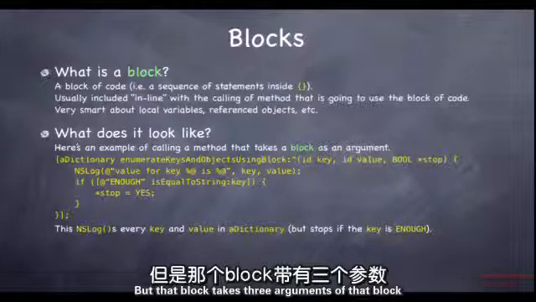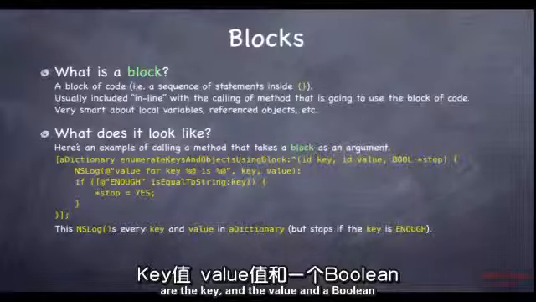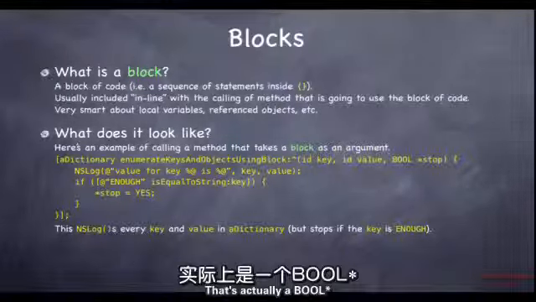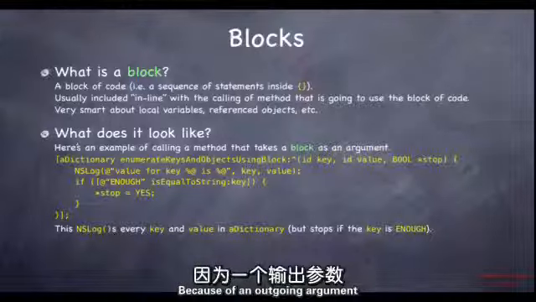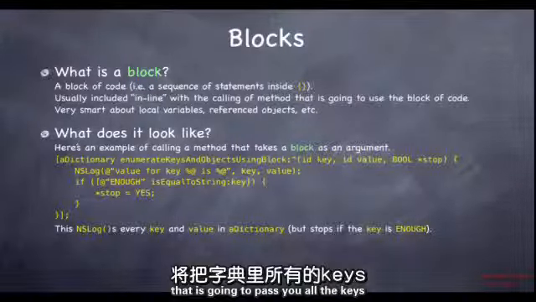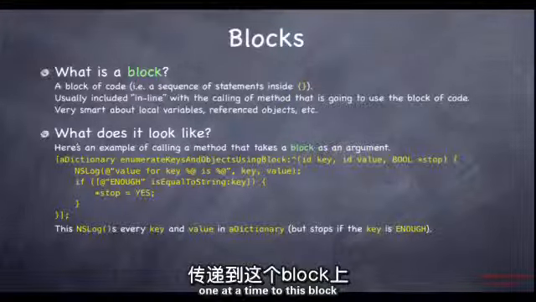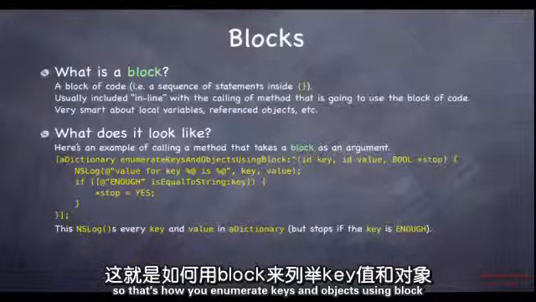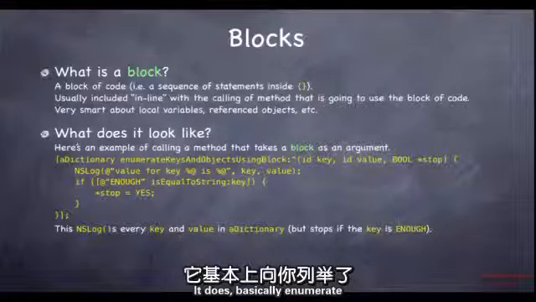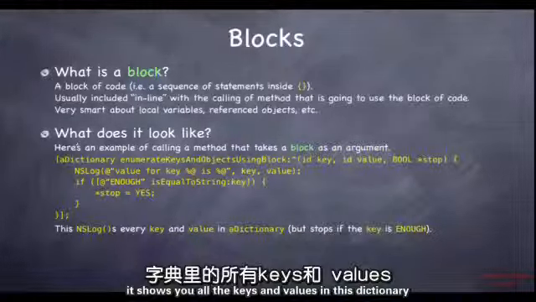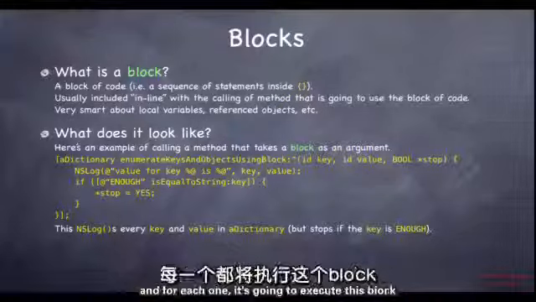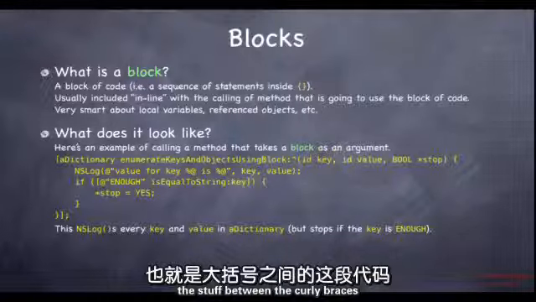The 3 arguments of that block are the key and the value and a Boolean, actually a BOOL star, because it's kind of an outgoing argument. It is going to pass you all the keys and values in this dictionary one at a time to this block. So that's what enumerateKeysAndObjectsUsingBlock does. It basically enumerates, shows you all the keys and values in this dictionary, and for each one, it's going to execute this block, the stuff between the curly braces.